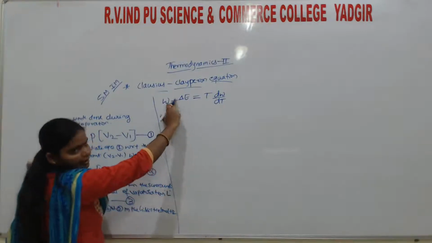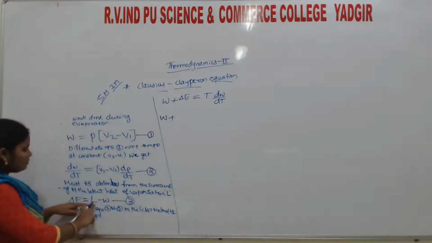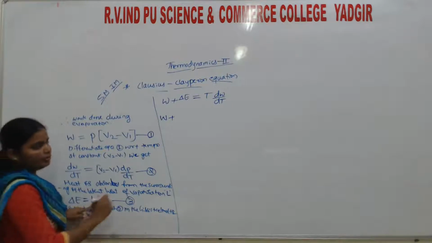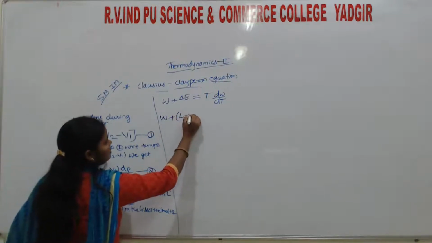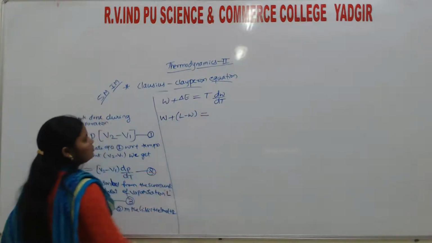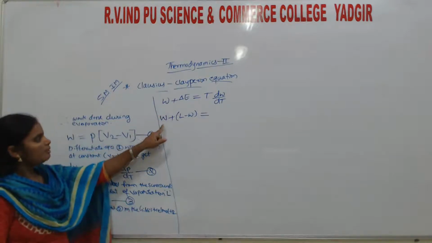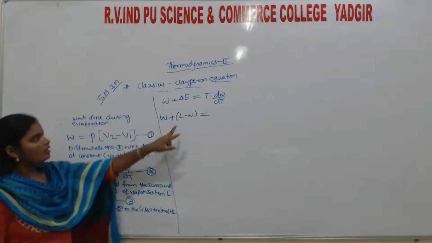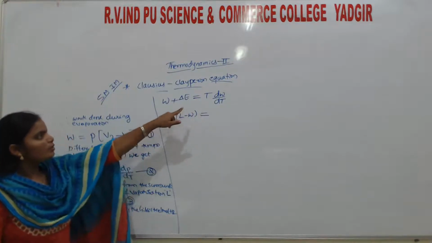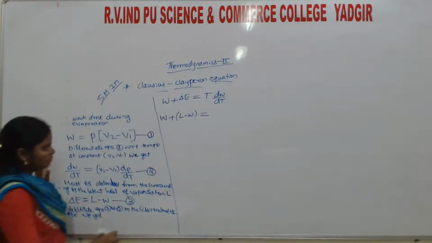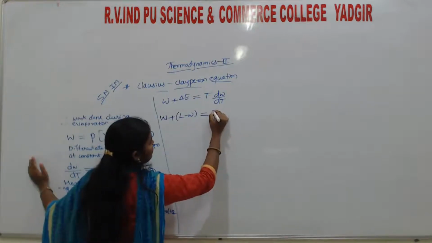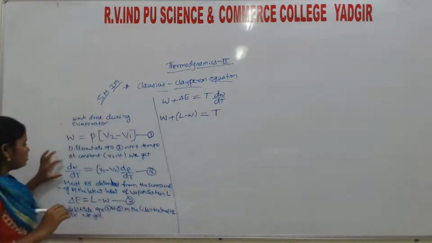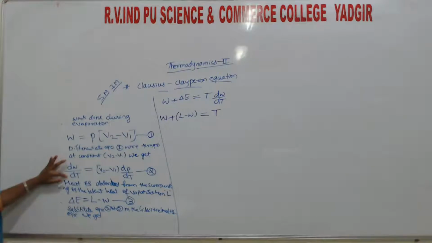Here W plus delta E means W plus L minus W, so L minus W is equal to T times dW divided by dT.